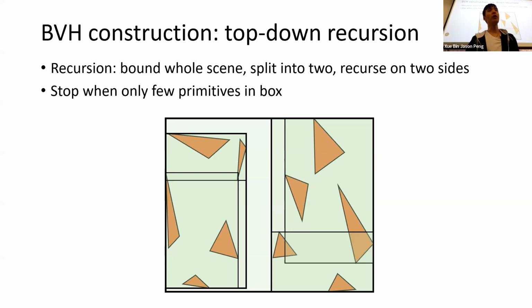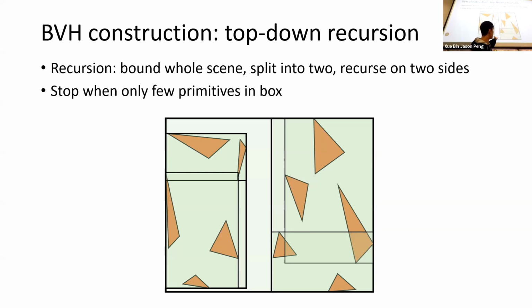But the key property that we need to maintain when splitting the bounding volumes is that every object can only belong to a single bounding volume. An object cannot belong to multiple bounding volumes at the same level of the hierarchy. So whenever we take a parent bounding volume and split into two children, we have to make sure that every object belongs to only one of the children volumes. And depending on how we split up the objects, we might end up with bounding volumes that overlap each other.